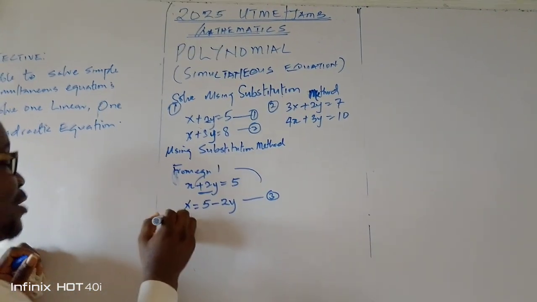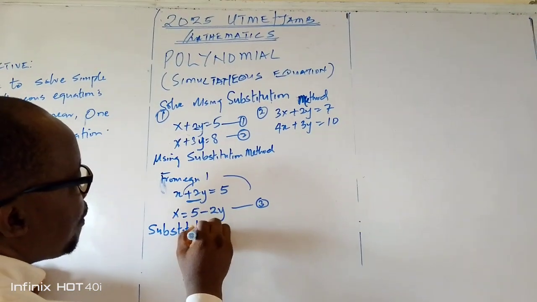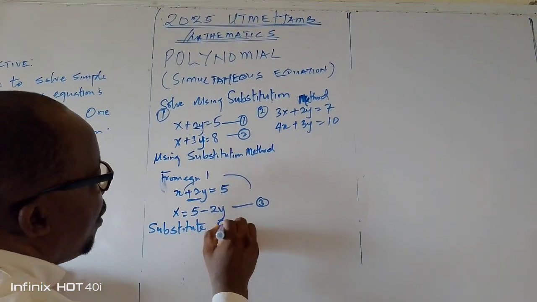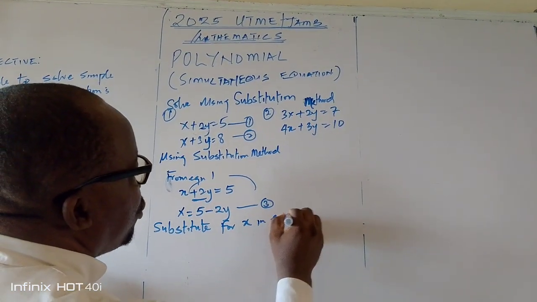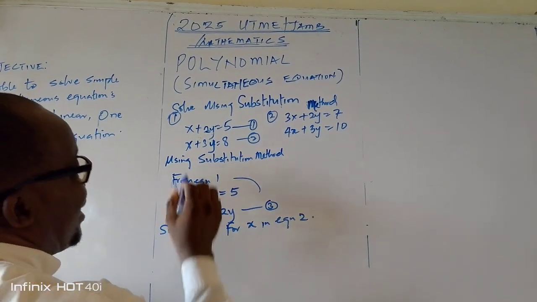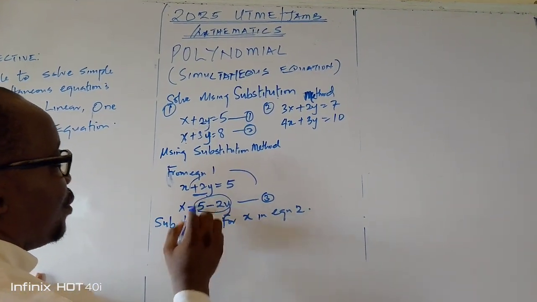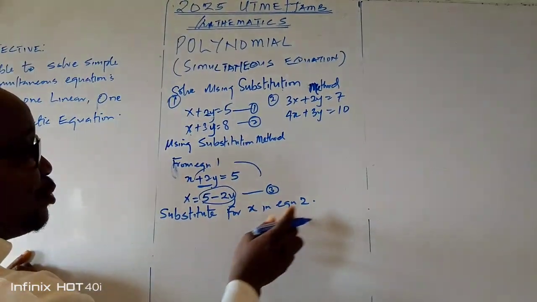So I will now substitute this for x in equation 2. Anywhere I see x, rather than write x, I will write this value. So substitute it into equation 2.